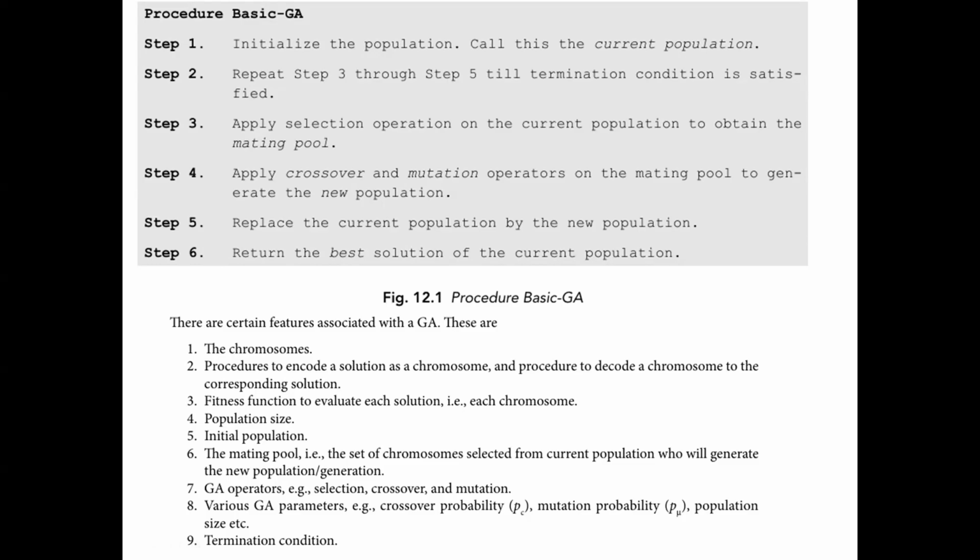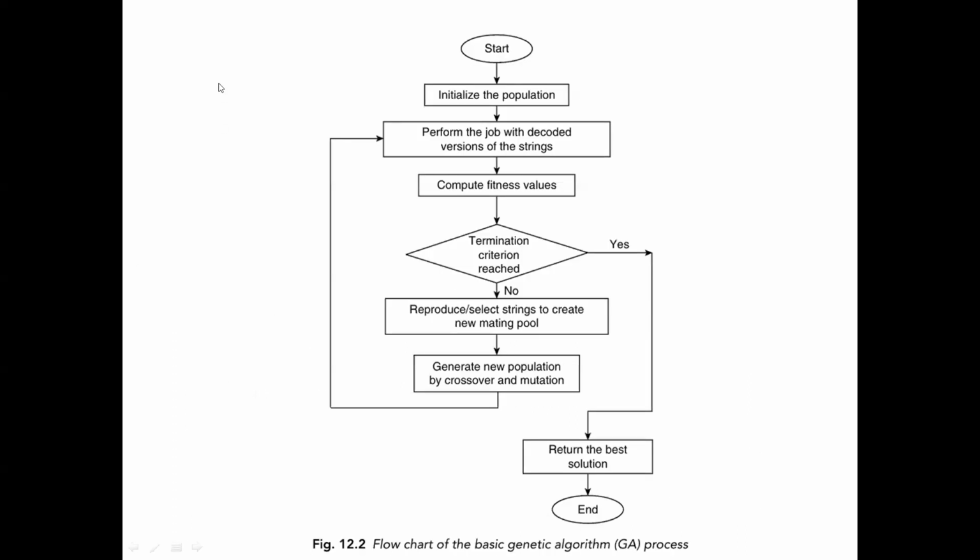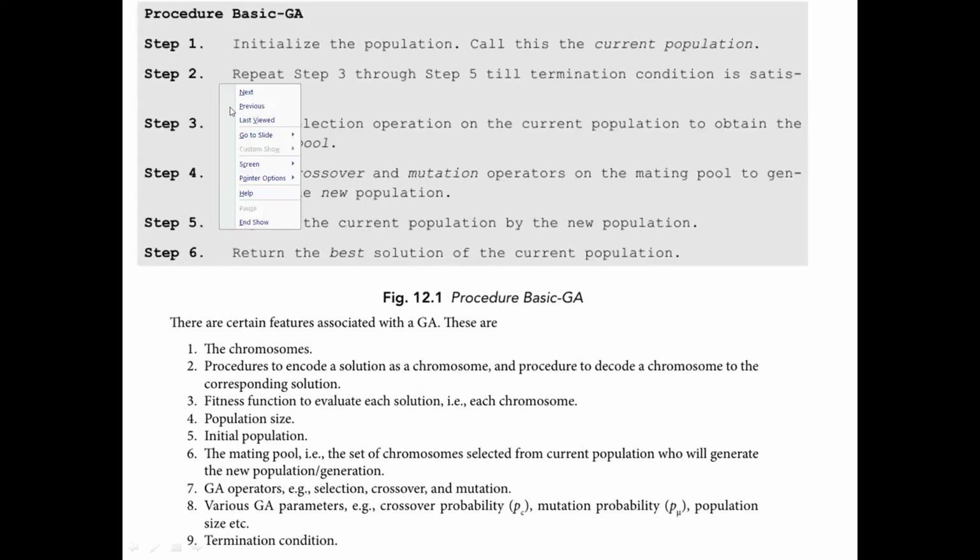So basically, we take the initial population and call it the current population. We repeat steps 3 to 5 till some termination condition is satisfied. We apply the selection operation on the current population so that we get a mating pool. So the first step is a selection operation, and then we have a reproduction operation here.